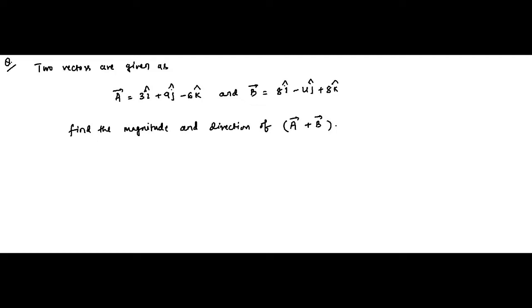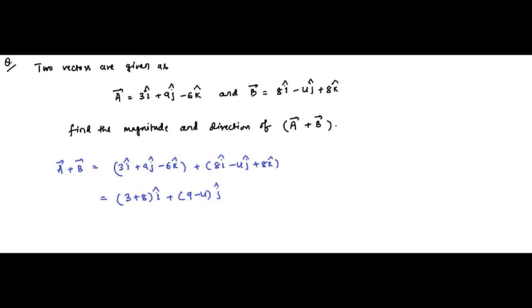So first we have to find out the sum of the two vectors: 3i cap plus 9j cap minus 6k cap plus 8i cap minus 4j cap plus 8k cap. So it will be 3 plus 8 i cap plus 9 minus 4 j cap.